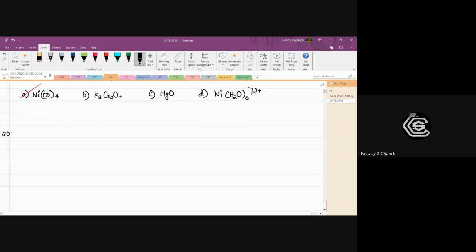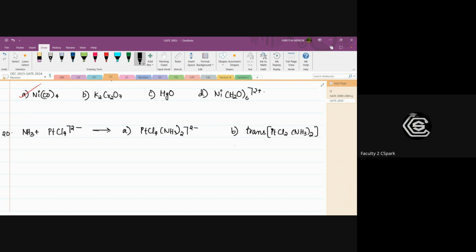So the next question is from trans effect. If you add NH3 to [PtCl4]2-, you get [PtCl4(NH3)2]2-. Option B, trans-PtCl2(NH3)2. Option D, PtCl2(NH3)4.